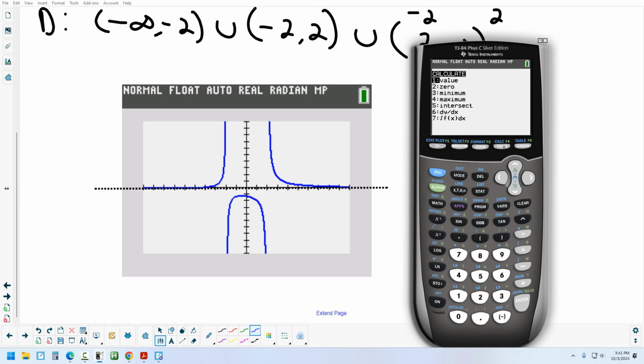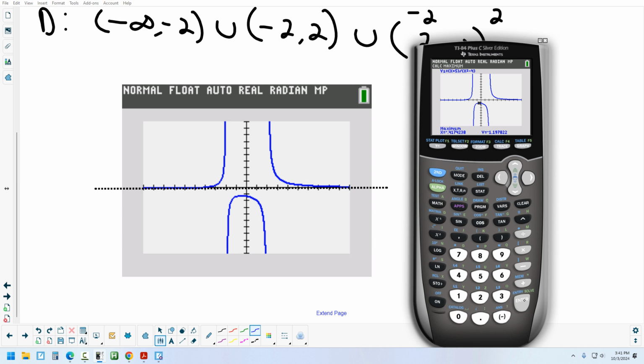Second, calc, maximum. Let me do zoom 6 to just put the window back the way it was. All right, so let's do the maximum. Second, calc, maximum. Pick a point to the left, pick a point to the right, and do your guess.